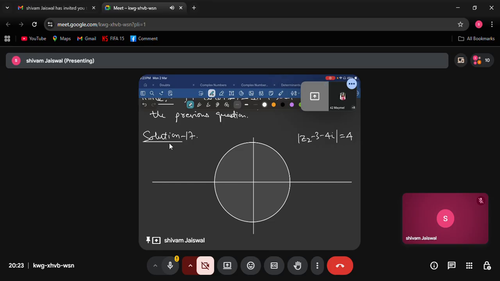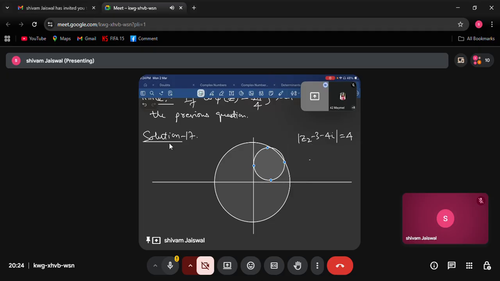Sir, radius 4. And what is the center? The center is 3 comma 4. So the circle will lie somewhere over here with radius 4 units.